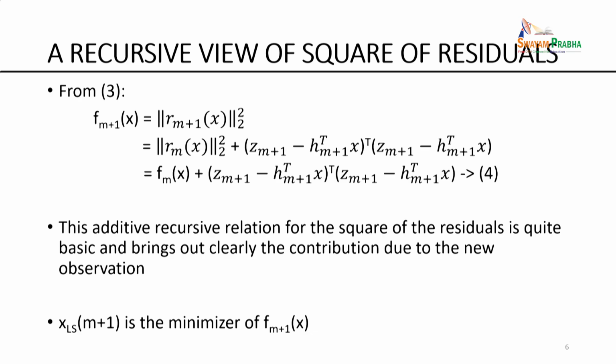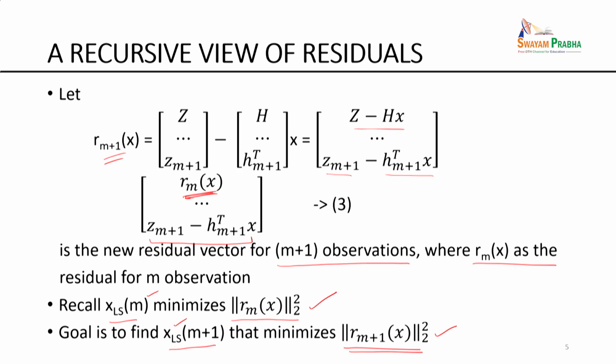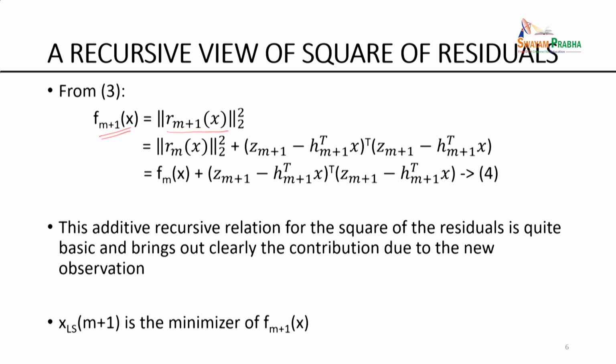So, what is the objective function for the m plus 1 observation? That is simply the sum of the squares of the residuals. That is the norm of the vector. But this vector is given by R_m and this component. So, what is the norm?